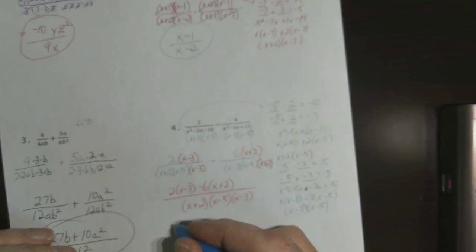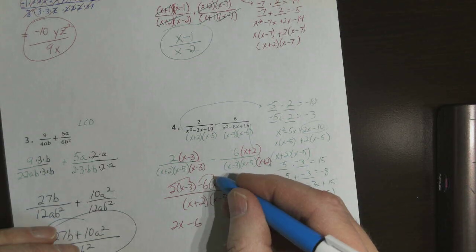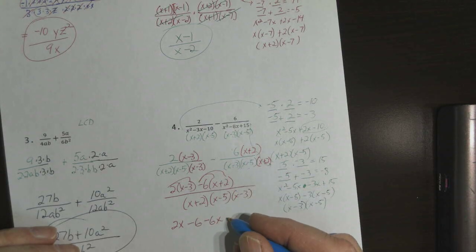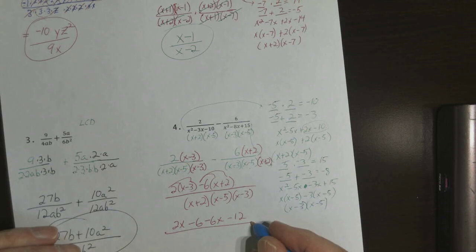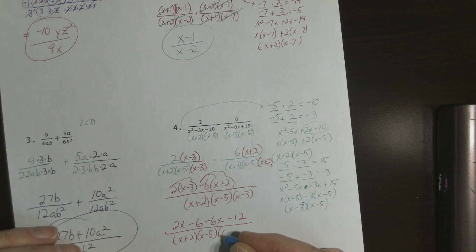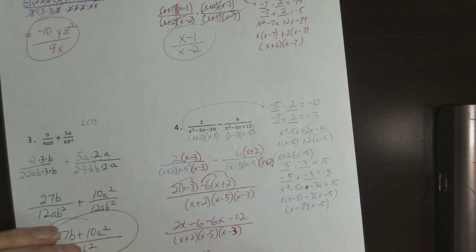And this is 2x minus 6, distributing, minus 6x minus 12, still over x plus 2 times x minus 5 times x minus 3. Negative 4x, negative 6 minus 12, minus 18 over x plus 2 times x minus 5 times x minus 3.